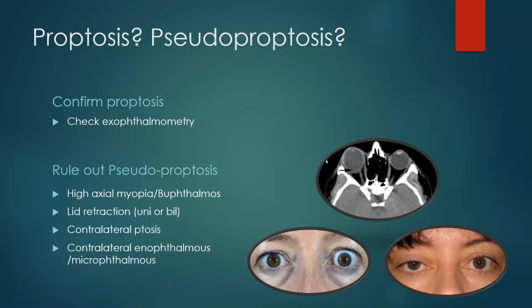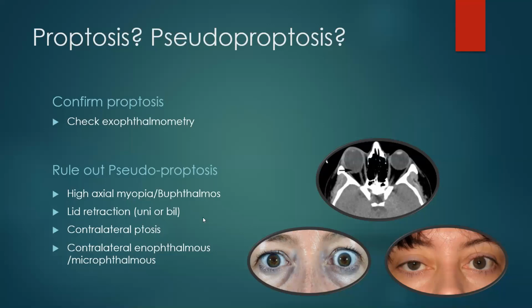Sometimes we see patients with unilateral proptosis, and it's confirmed also by exophthalmometer. But if we do further workup, we realize that it's high axial myopia. We can use, for example, the A scan to look for the axial myopia in suspicious conditions.